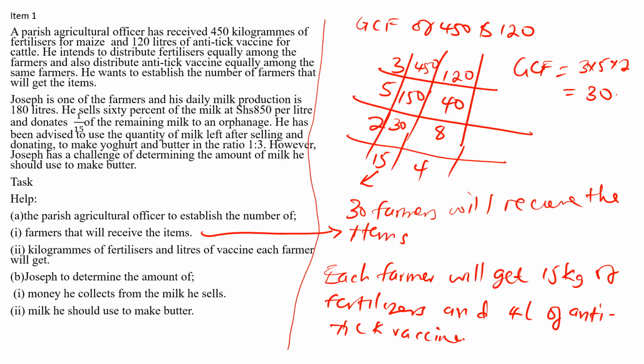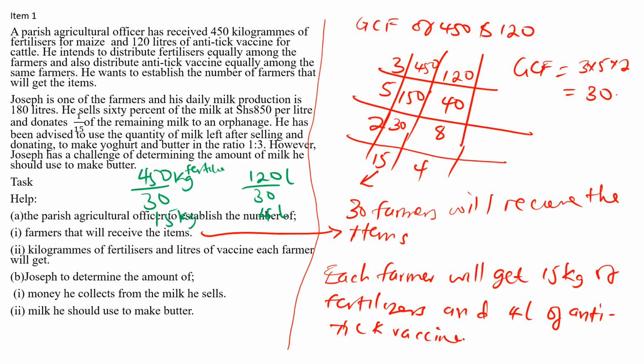Or similarly, maybe you can understand it like this. If we have 450 kilograms of fertilizers, and I divide by 30, and then 120 divided by again 30, here we shall have 4 liters, and here 15 kilograms.